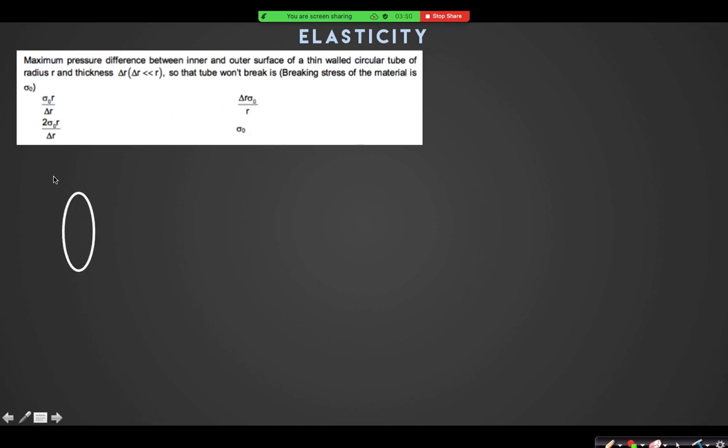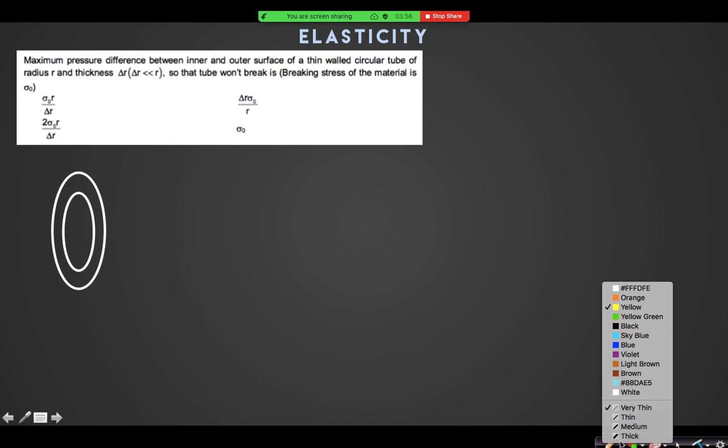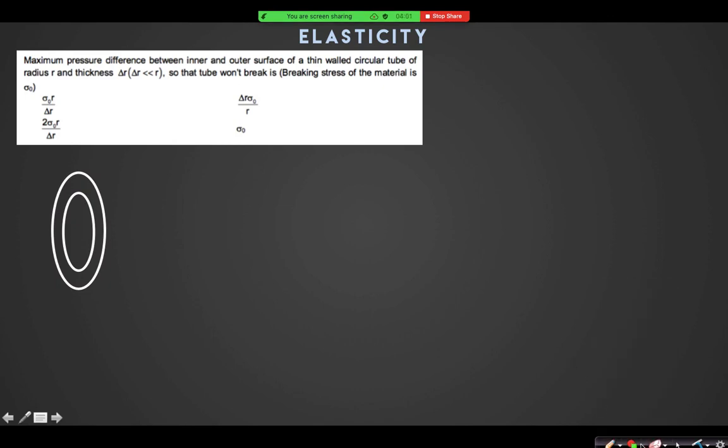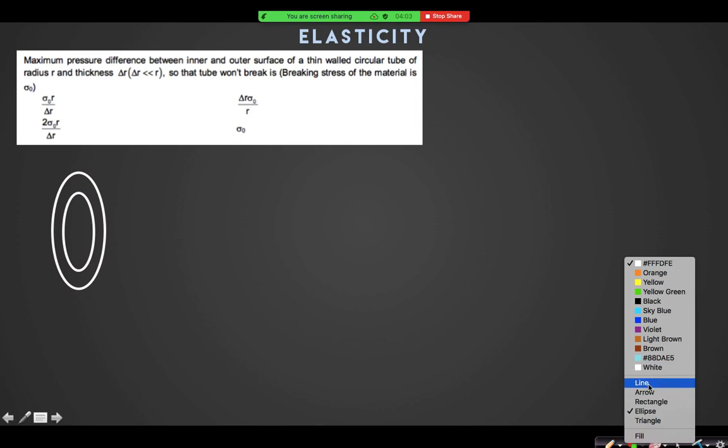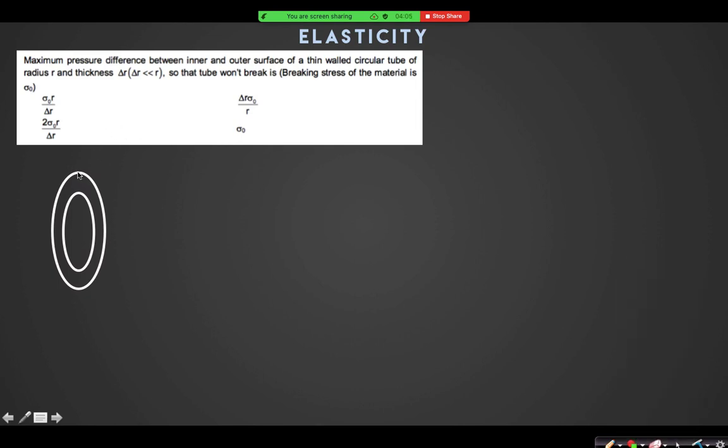Okay, so let us try to understand that suppose this is the thin walled cylinder. Cylinder means it's a pipe like thing, like this. It's a tube.